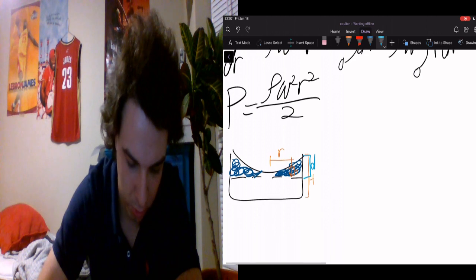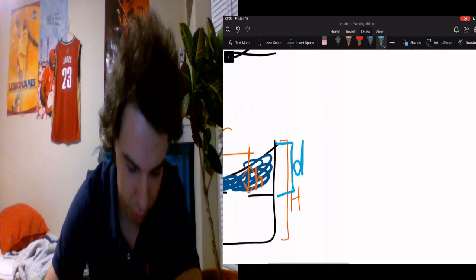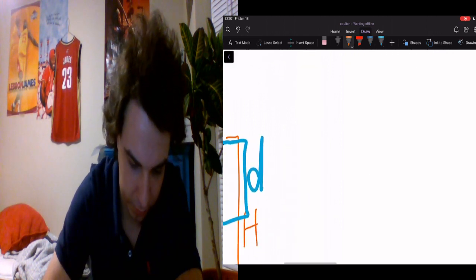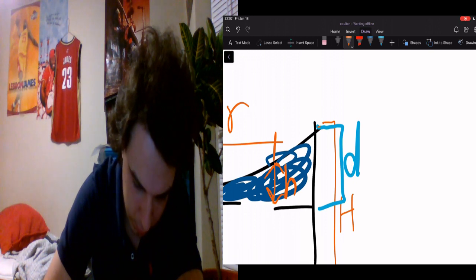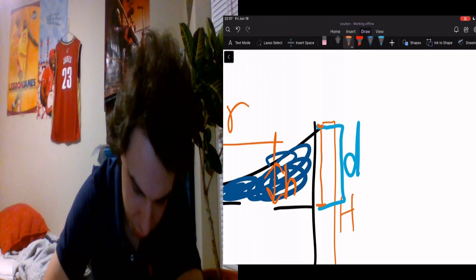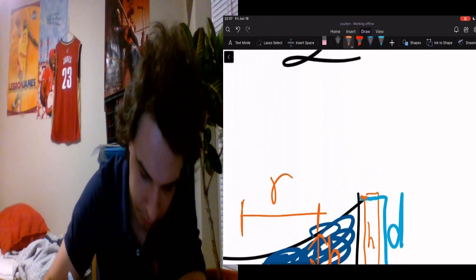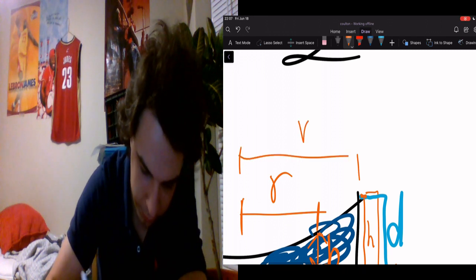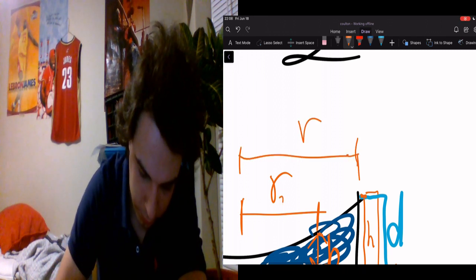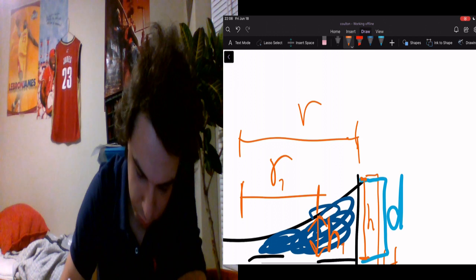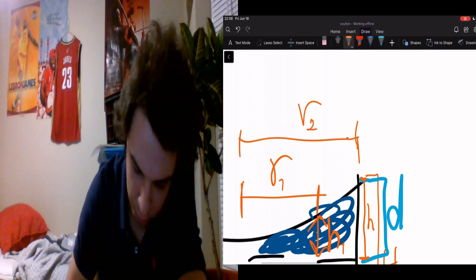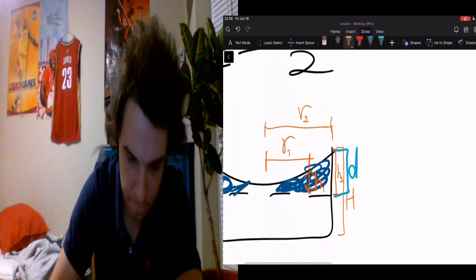So then to solve for little h, R would then extend from here to there. Call that R1, H1, R2, H2.